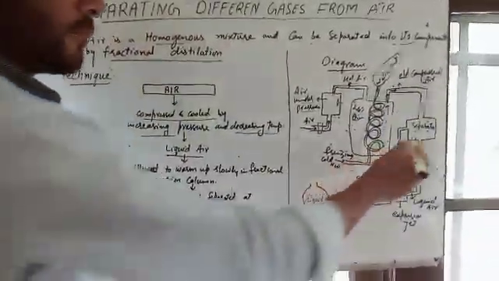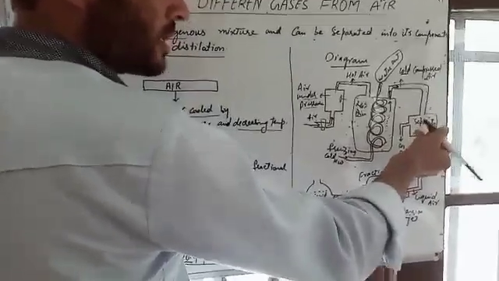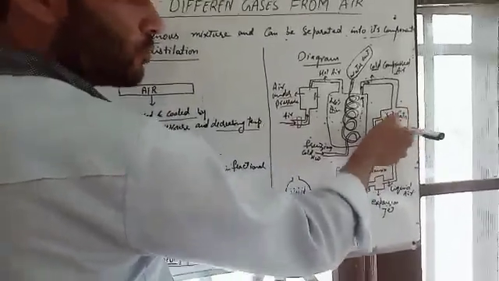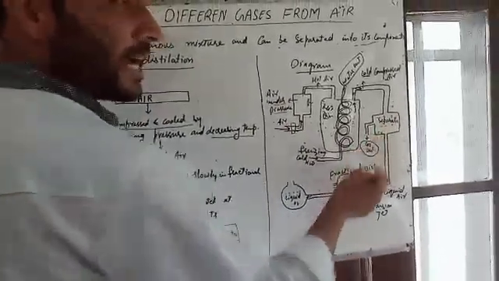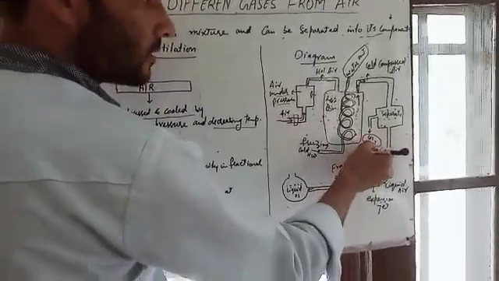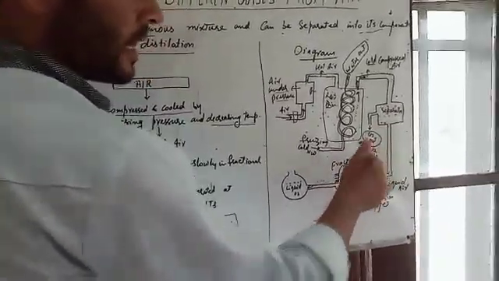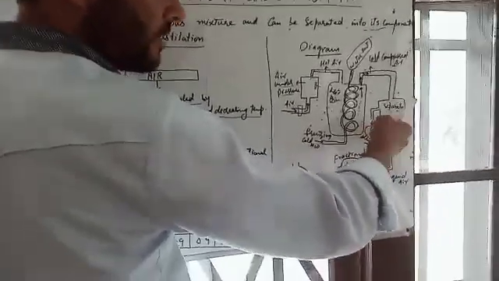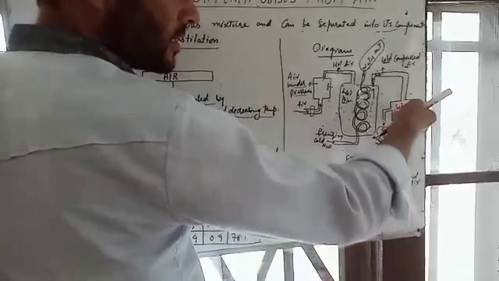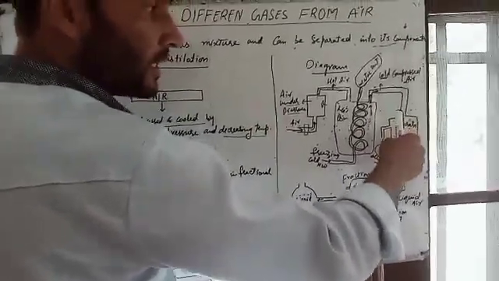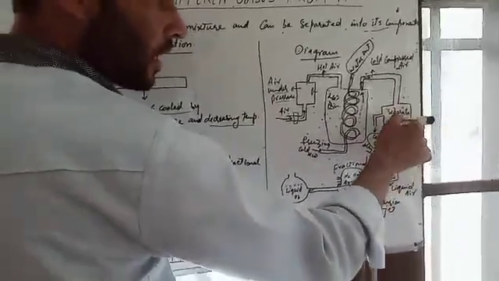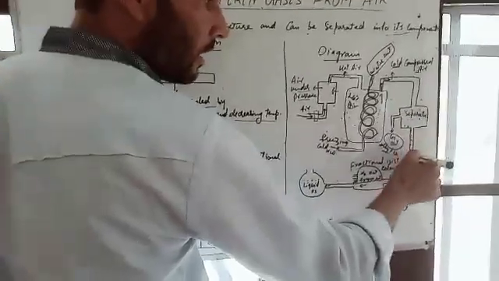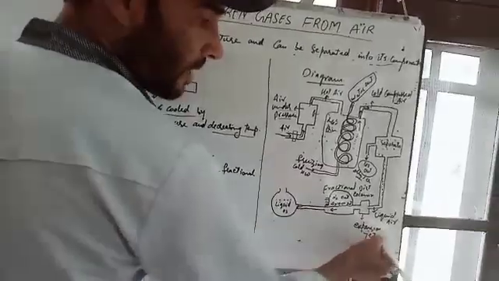The separator, what does it do? It removes the carbon dioxide as dry ice. Then when the dry ice, or carbon dioxide, is removed from the separator, the other components of the air, the liquid compressed air, are passed to the expansion jet.